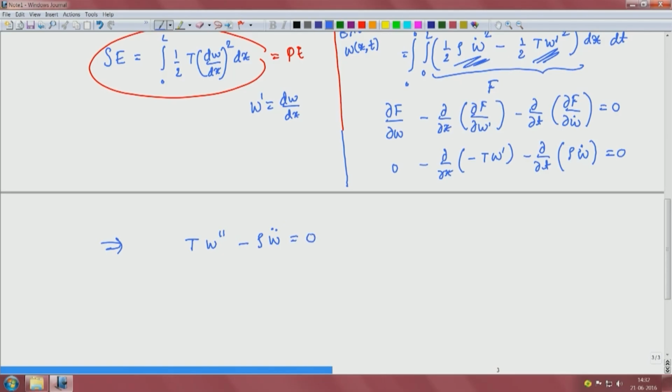That is what we get. We get T w double prime minus ρ w double dot equal to 0. So, this is our governing equation.